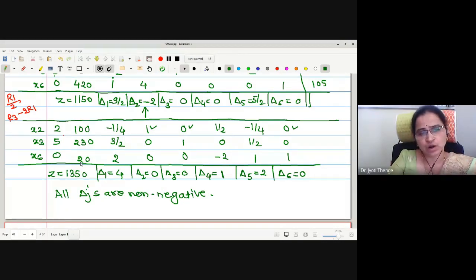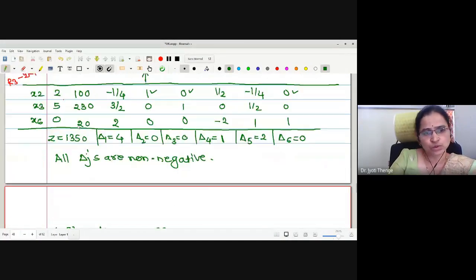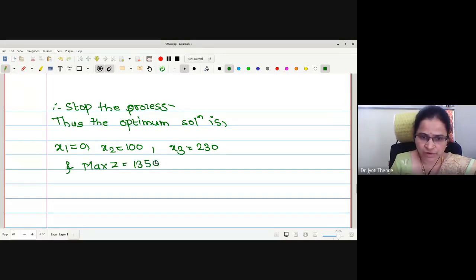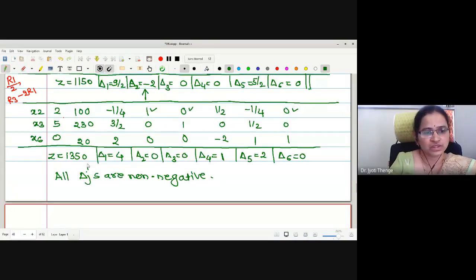Those variables which are not in the basic have the value 0. Therefore, x1 takes the value 0, x2 takes the value 100, x3 takes 230. And the value of the objective function is 1350.